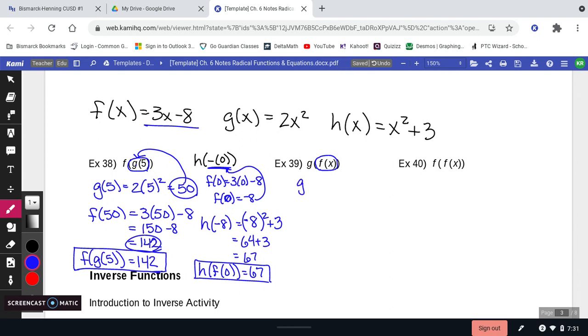Okay, so g of 3x minus 8. Okay, so all I did was I just substituted what f of x is equal to. Okay, and it's 3x minus 8. You are now going to take this whole thing, because you're doing g of 3x minus 8. You're going to take all of that and substitute it in for the variable in g.